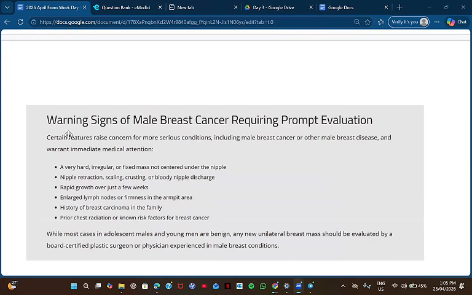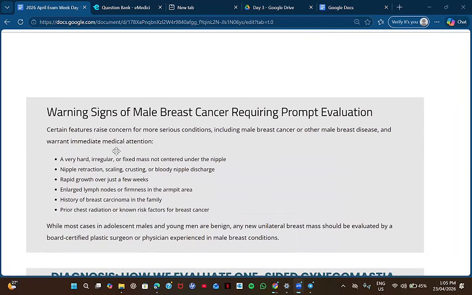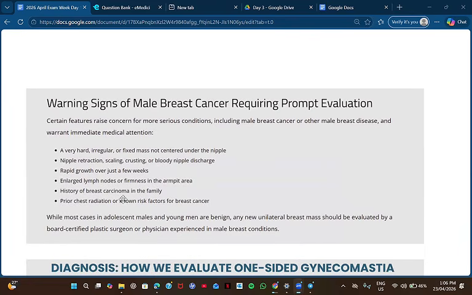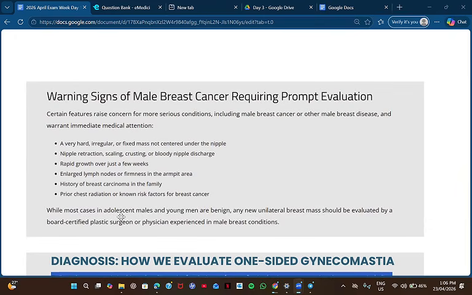Then what are the warning signs of male breast cancer requiring prompt evaluation? A very hard, irregular, or fixed mass not centered under the nipple, nipple retraction, scaling, crusting, bloody nipple discharge, rapid growth over just a few weeks, enlarged lymph nodes or firmness in the armpit area, a family history of breast cancer, prior chest radiation, or other risk factors for breast cancer.